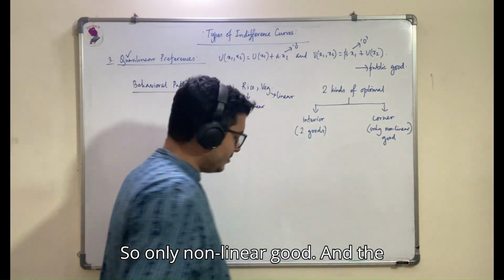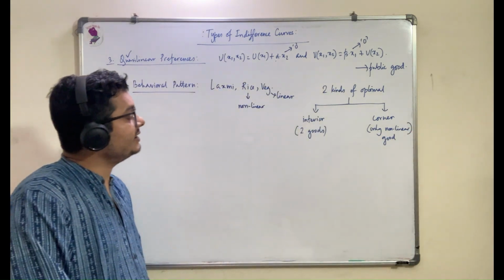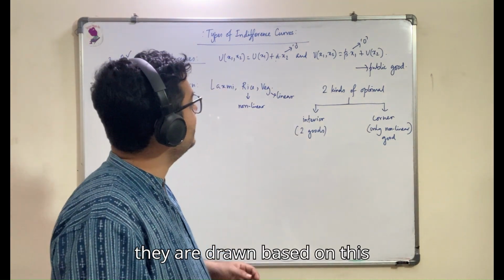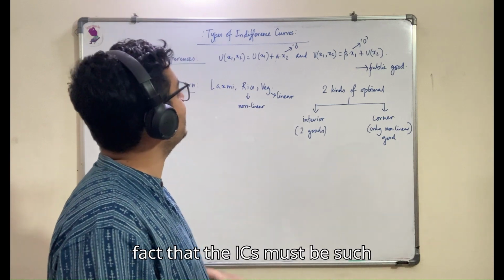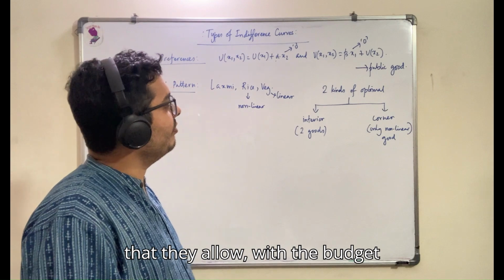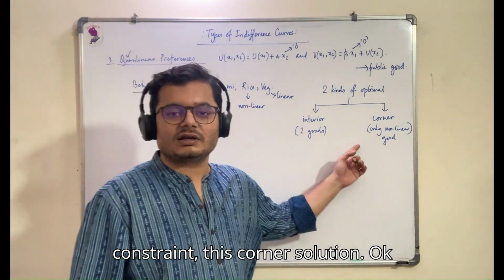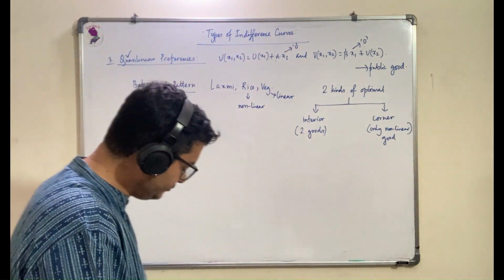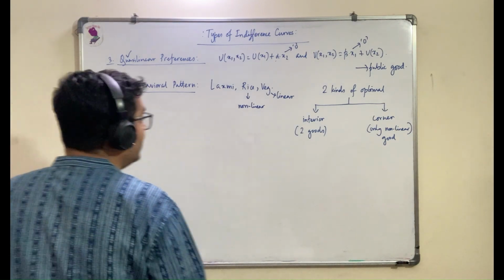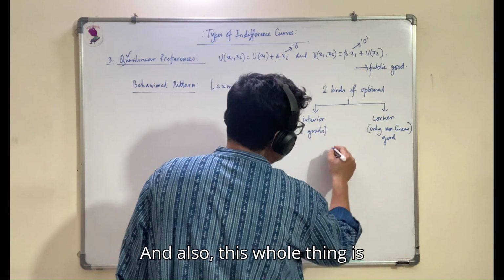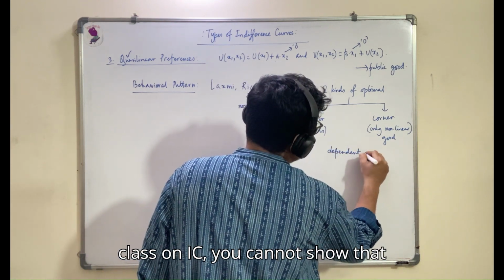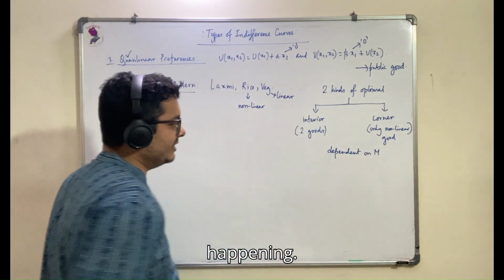Okay, so only the non-linear good. And the ICs that we are going to draw later are drawn based on the fact that the ICs must be such that they allow, with the budget constraint, this corner solution. Also, this whole thing is dependent on income, but in a class on ICs, we cannot show that happening.